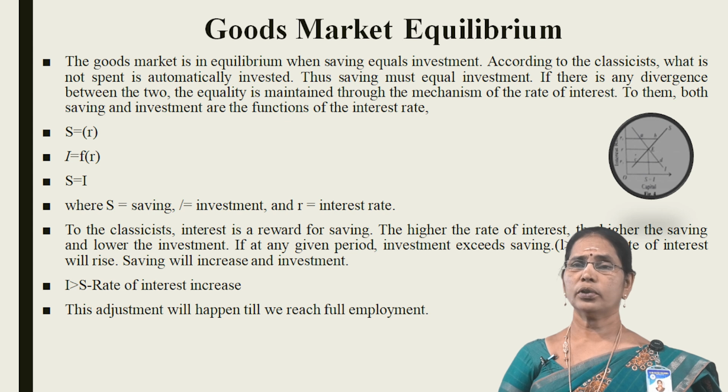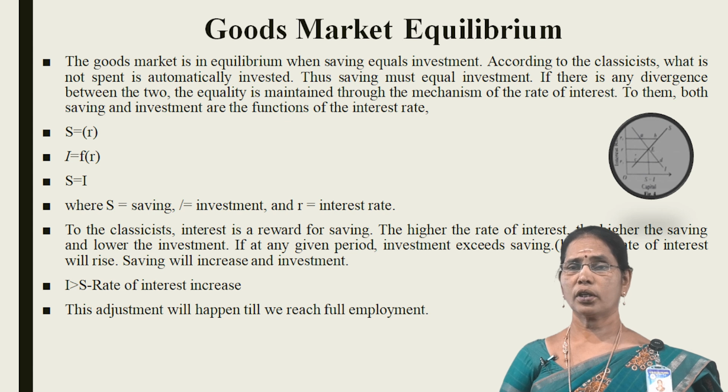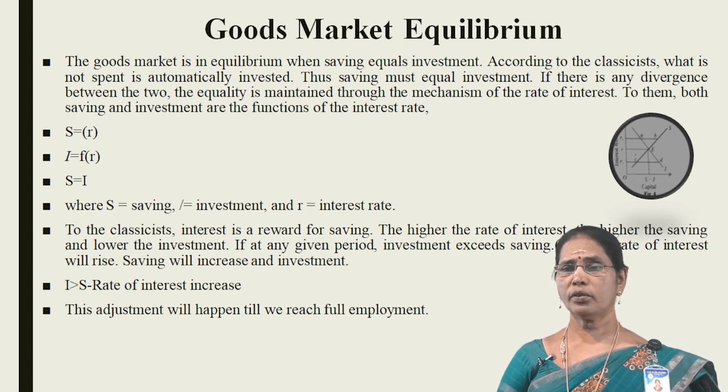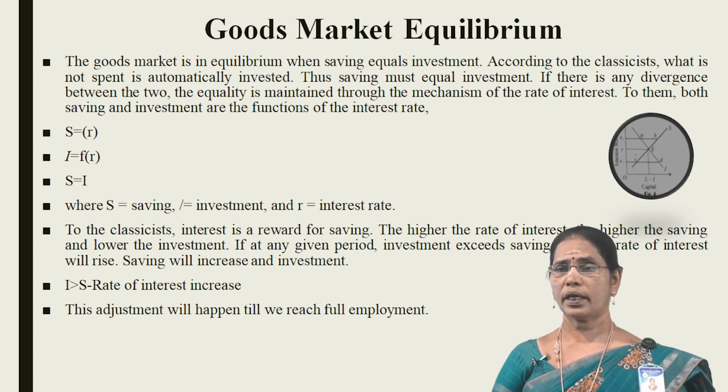To them, both savings and investment are functions of the interest rate. S is a function of the rate of interest, I is a function of the rate of interest. Therefore, saving is equal to investment, where the saving-investment equality is based on the rate of interest.